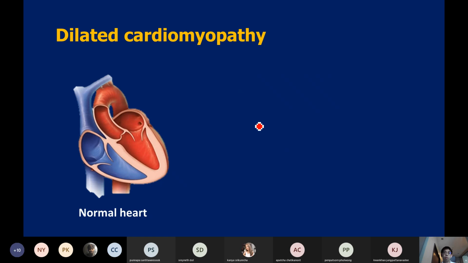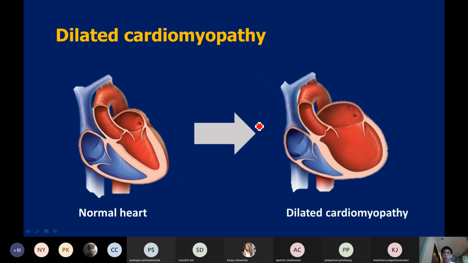But in the patient with dilated cardiomyopathy, the heart is dilated. Usually the left heart is dilated. So the impulse conduction from the SA node to the AV node would be delayed in the left bundle branch, because the left heart is so big and dilated and slower than the right heart.